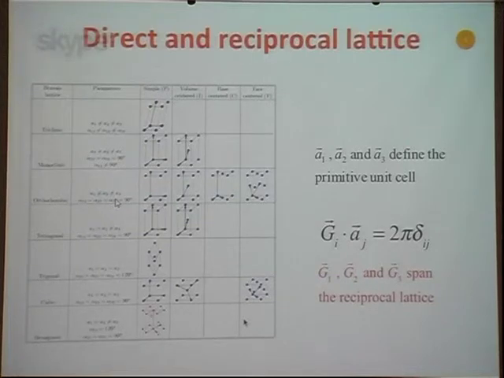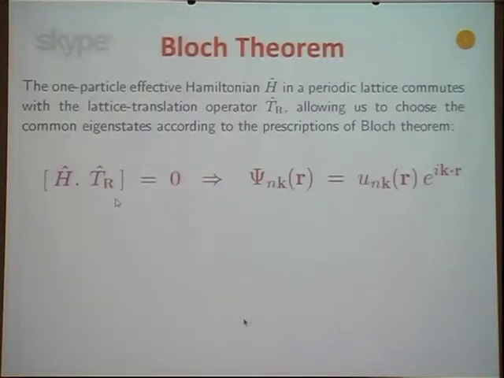And actually a plane wave with a wave vector G has the same periodicity of the direct lattice. And so the reciprocal lattice is what we use to classify excitations, and I'll come to that in a moment when I introduce Bloch's theorem.